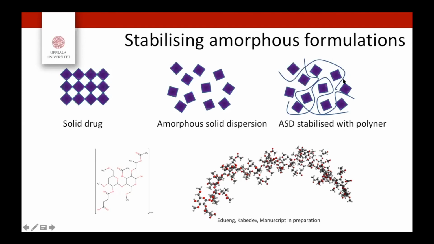So we used HPMCAS. I unfortunately cannot pronounce what it stands for, but it is quite common in the field. If we mix the drug with a polymer, it will prevent the fast aggregation and crystallization.